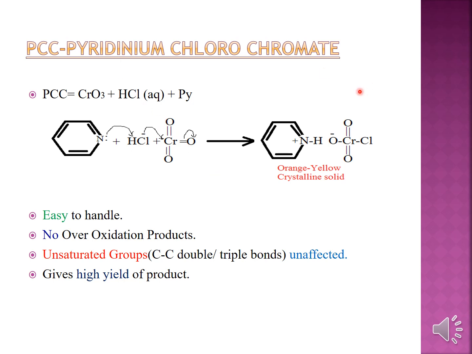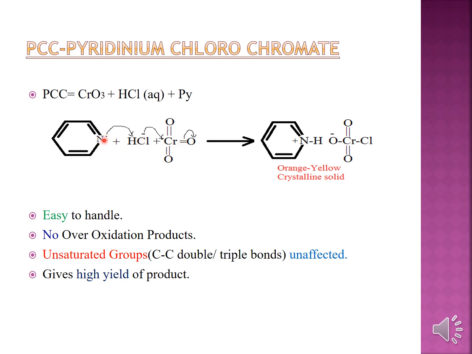The PCC reagent should have chromium trioxide in an aqueous acidic medium with the pyridine base. This whole mixture will give you PCC. In the reaction, you take the pyridine molecule and treat it with HCl and chromium trioxide.